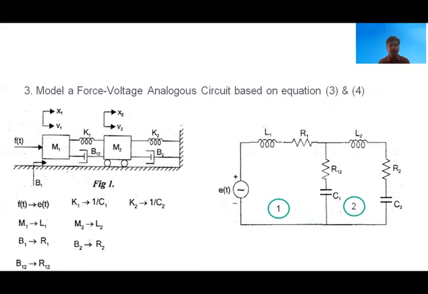Here, the velocity at node 1 is equivalent to the current passing through the first loop, and you can cross verify that the velocity acting at node 1 in the translation system is common to all the components. In a similar way, the current passing through all the components connected in loop 1, L1, R1 and E of t, is the same.